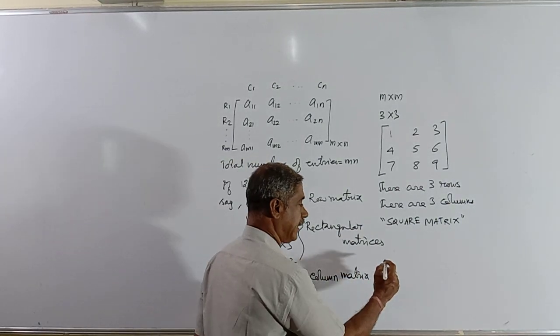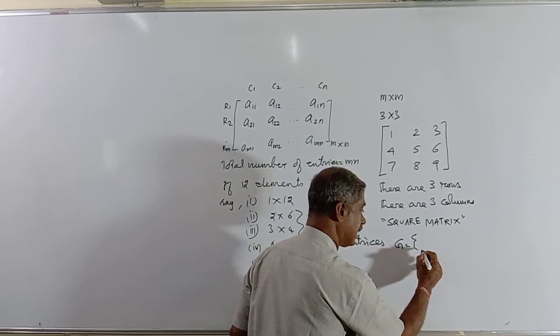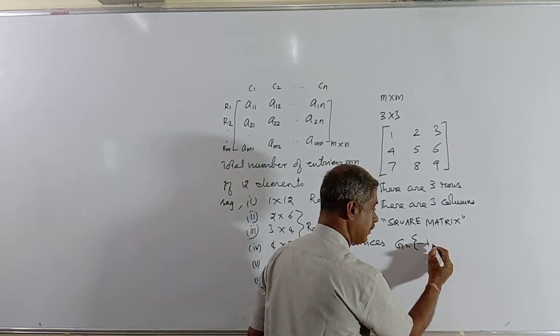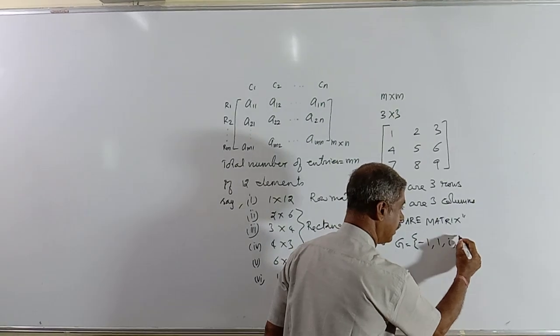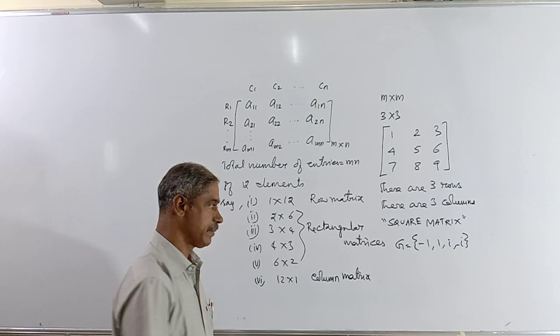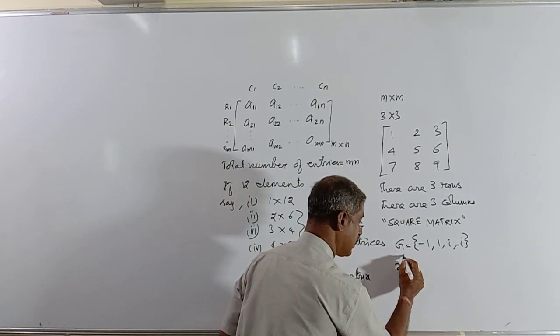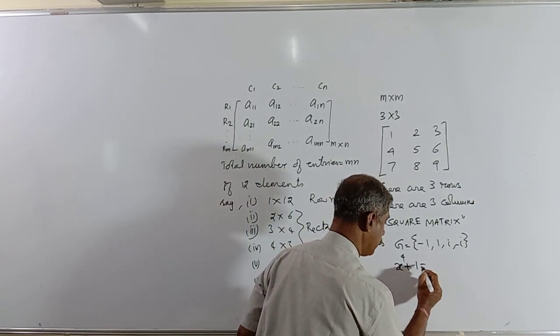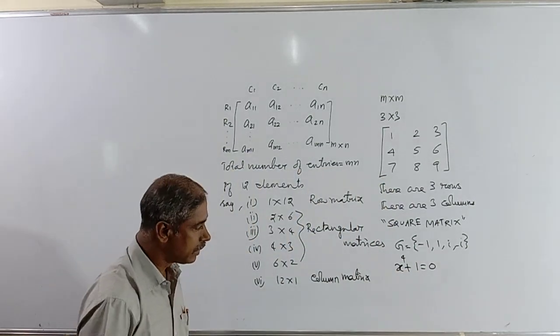Further, let me take G as a set containing elements 1, -1, i and -i. These are the four elements which satisfy the equation x^4 - 1 = 0, that is, x^4 = 1.